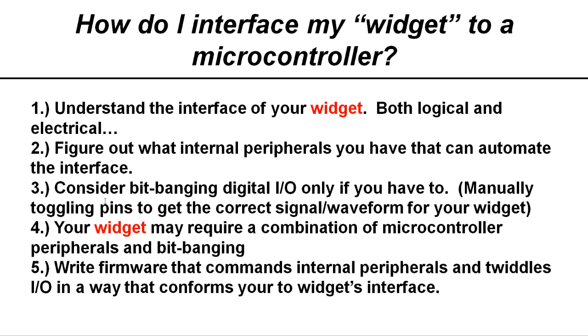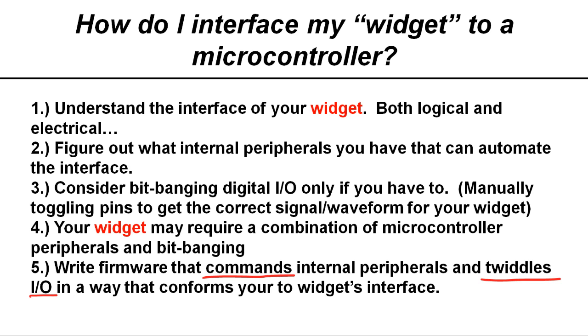All right, so the last step is you write firmware that commands the internal peripherals and twiddles the I/O in a way that conforms to the interface of your widget. So if your widget needs 10 data lines and they have to toggle at a certain rate, you have to write software, actual code that'll move those I/O pins or command the internal interfaces to make it happen.